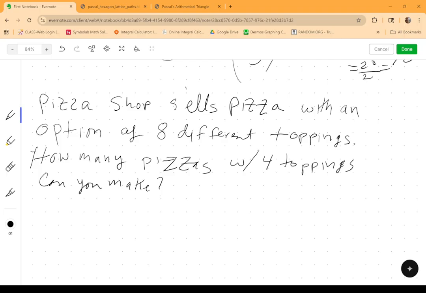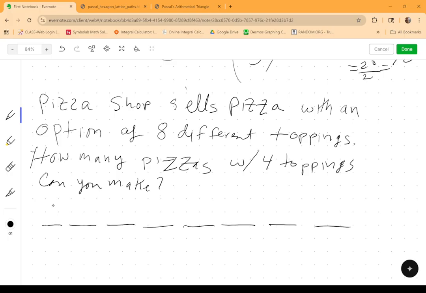What if I had 1, 2, 3, 4, 5, 6, 7, 8? We have 8 different toppings, and I want a way to choose 4 of them. So again, we can relate it back to that set problem or the bit string, where the weight, how many ones there are, is the number of toppings you want.